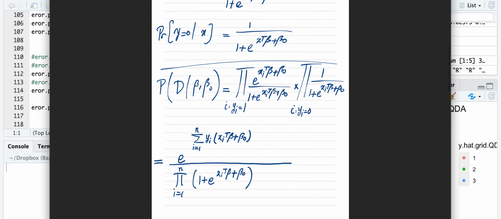And then you can simplify this mathematically to e to the power of the summation of yi times xi transpose beta plus beta 0, divided by the multiplication from i=1 to n of 1 plus e to the power of xi transpose beta plus beta 0.